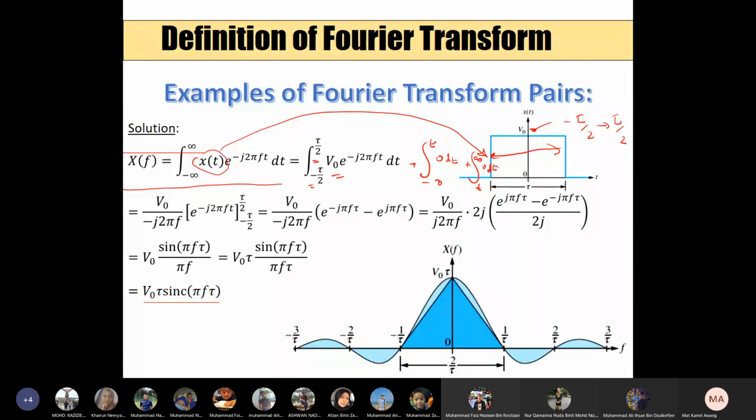So this part is the integration of this part, and this part is the integration of this part. So these are 0. So you only have this, which is the integration for this part.